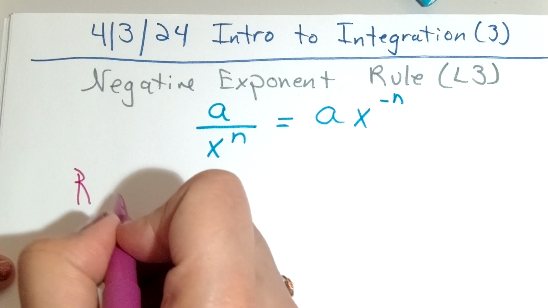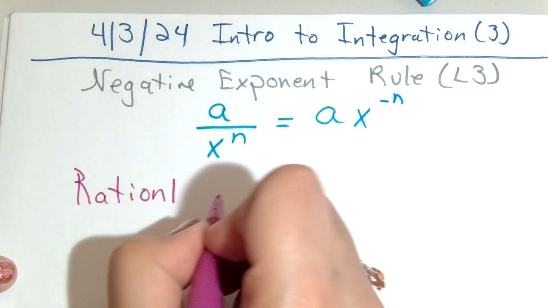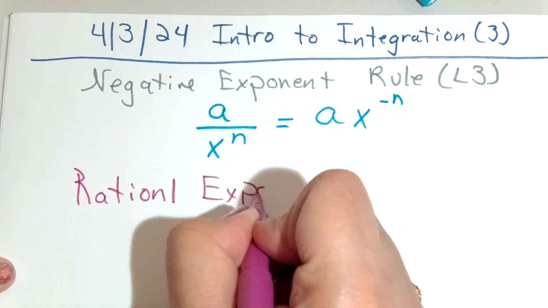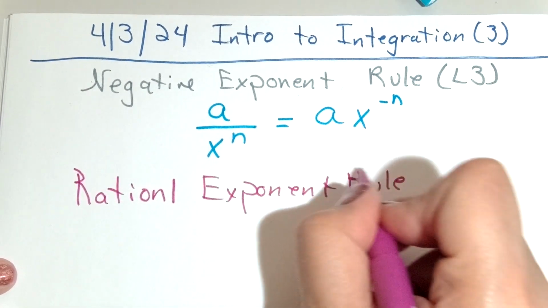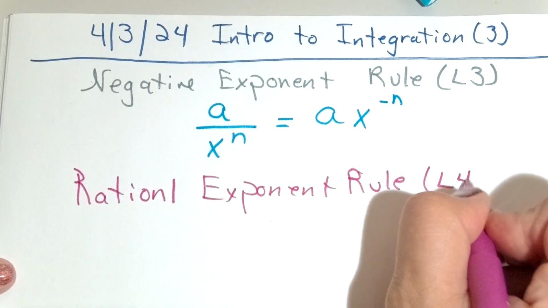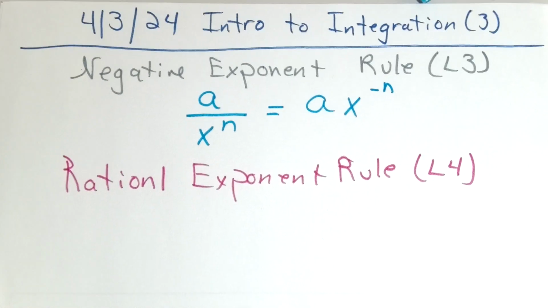The other rule that you're going to use, which we'll use on Monday, is the rational exponent rule. This is a level 4. So for those of you who have mastered level 3 tomorrow, on Monday what you'll do is you'll get level 4 stuff.